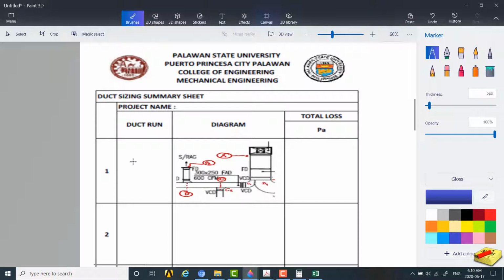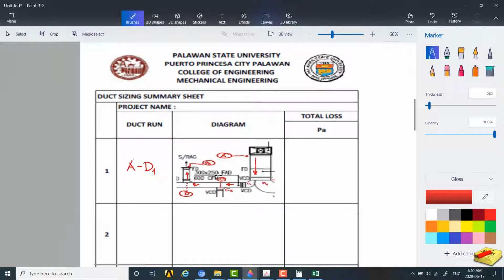So this will be duct run A. You will be putting the diagram and indicate the flow starting from here, just by putting the arrow saan papunta yung flow, so we can distinguish. So we have now flow going here.